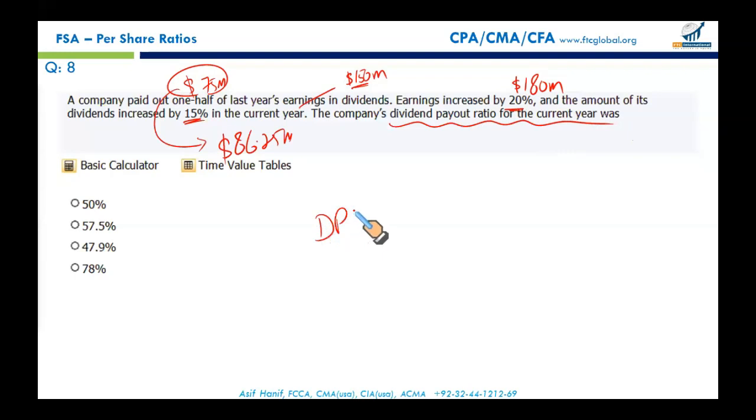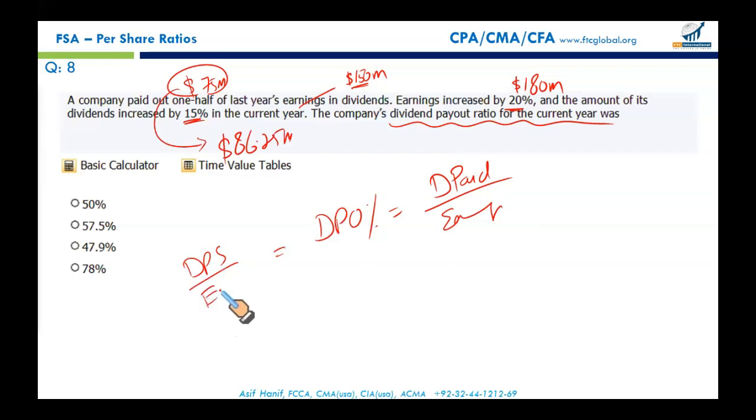Dividend payout ratio is the dividend paid divided by the total earnings. In other words, DPO can be calculated on per share basis, that is the dividend per share over earning per share, or the total dividend paid upon the total earnings. Either way, it doesn't make any difference. We don't have it on per share basis.